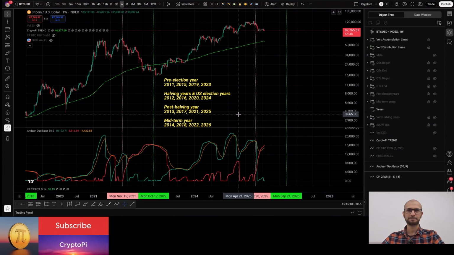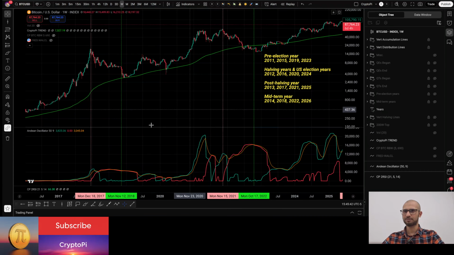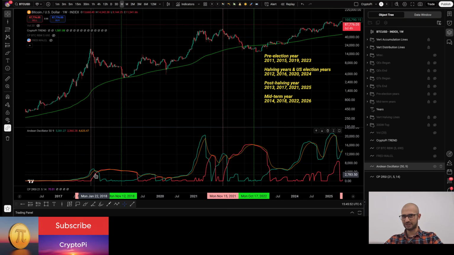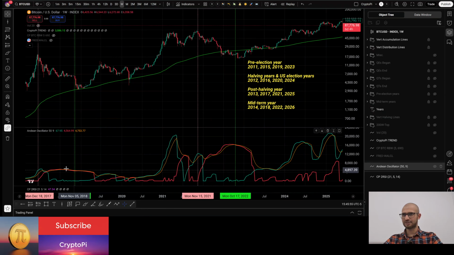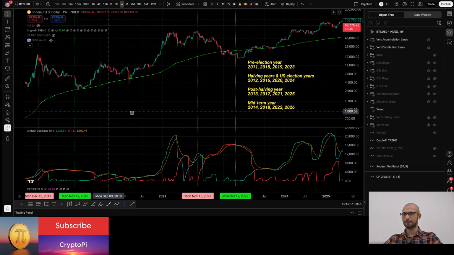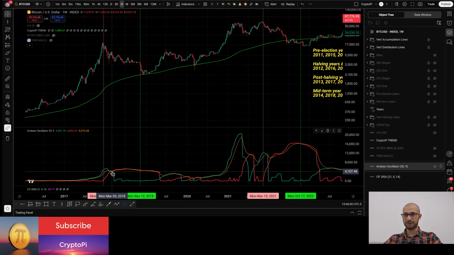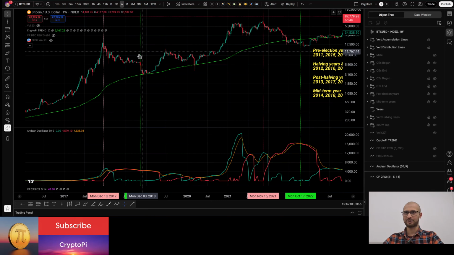Over here, all of this bullish component, when they crossed below the bearish component, so when the bearish component gained strength against the bullish component, firstly, it was in a midterm year. Secondly, the bullish component did not gain the strength back until the price had crossed the accumulation line.